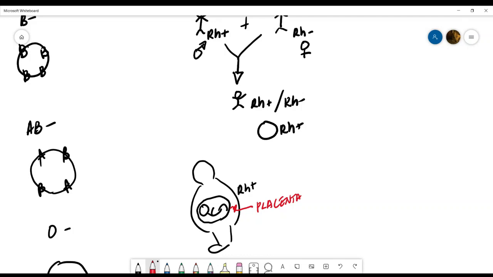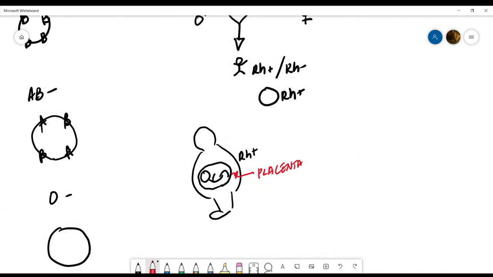The placenta separates the two bloods, so even though there's a mismatch between the child's blood in the antigen like A and B, it usually does not mix. And of course, if it has an Rh, that won't mix. So the child is not really a problem under the first pregnancy.